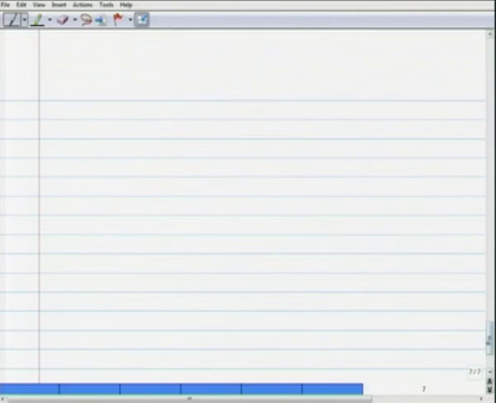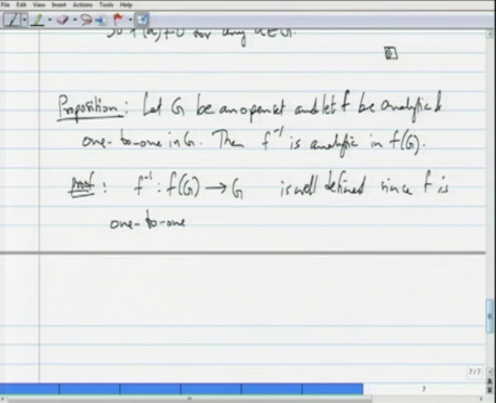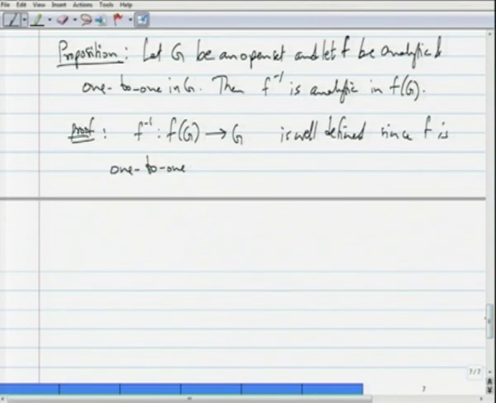Further, as a consequence of the open mapping theorem, we can note that f inverse is firstly continuous. Here is the argument. What I will show is that the inverse image of an open set in G is open.